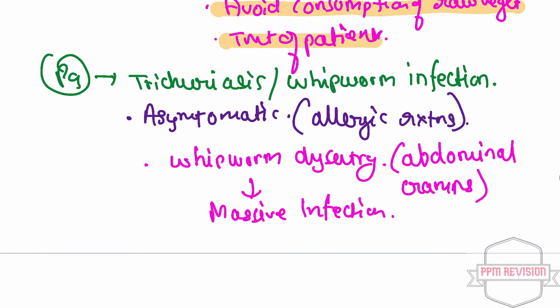And pathogenesis includes diseases such as trichuriasis or whipworm infection. It is mainly asymptomatic, but it can lead to some allergic reactions as well. And the whipworm dysentery leads to massive infection and can also lead to abdominal cramps as visible signs and symptoms.